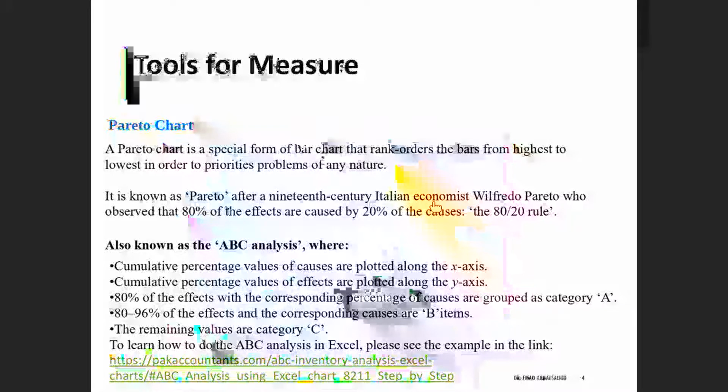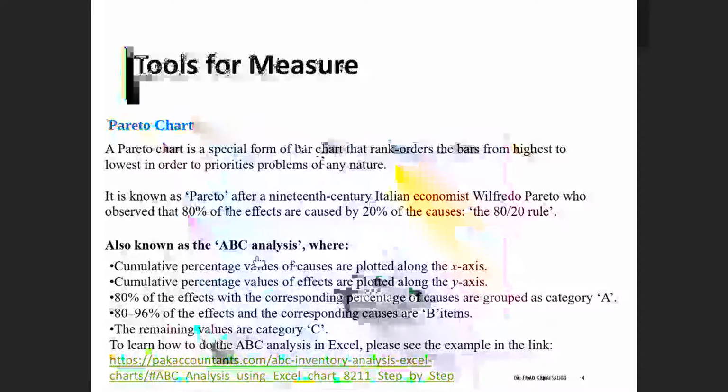Also, in addition to the Pareto rule, there is an extra implementation to graphically or visually represent those percentages. It uses the ABC analysis, which is not mainly required, but sometimes it just makes things easier when represented and when you see the graph, as we will see in the examples.